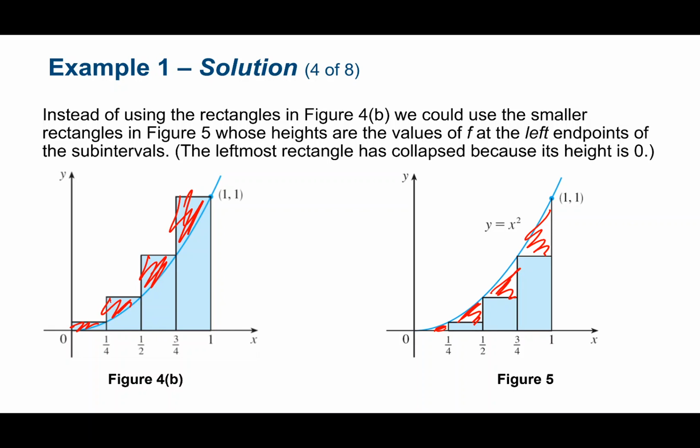So on this one, when we use the left endpoints, the area of our rectangles, is it going to be too big or too small? Too small. So this one's an underestimate. So we know the one on the left is too small, and the one on the right is too big.